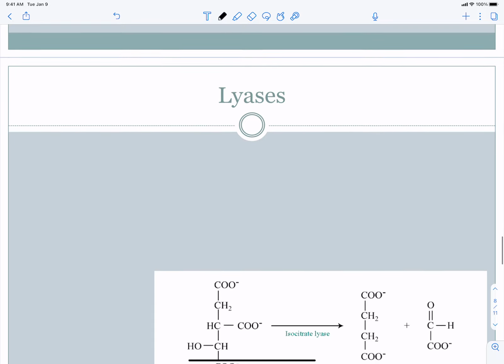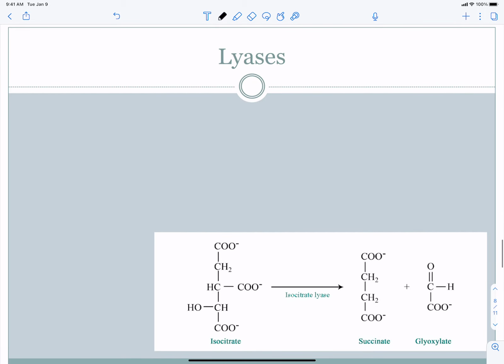Now, lyases are going to catalyze reactions that break chemical bonds, and after they break the chemical bonds, often a ring or a double bond is going to form.